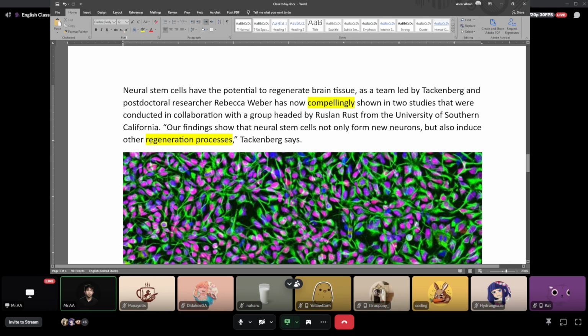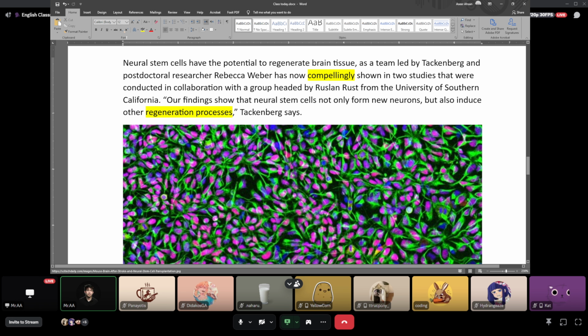What about this word regeneration process? Do you know what it means? Maybe in this context, when stem cells regrow parts of themselves or repair themselves.